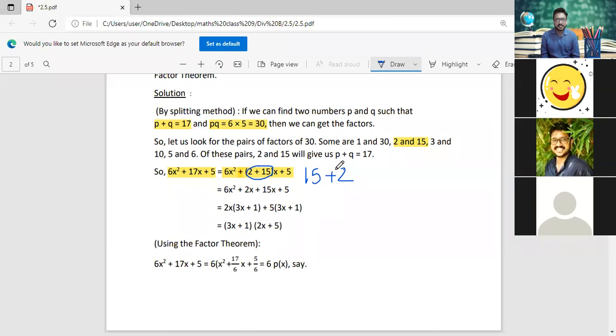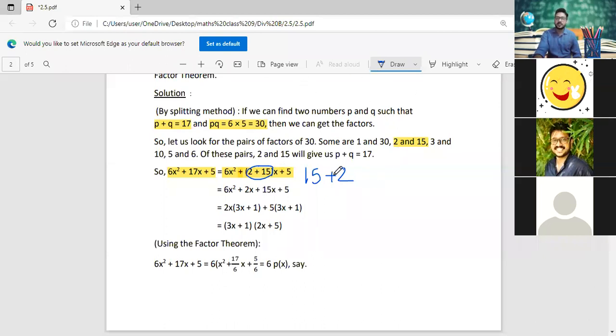By the commutative property. Yes, very good. It's because of the commutative property of addition. You know that the commutative property means a plus b is equal to b plus a. This was just for your additional knowledge.